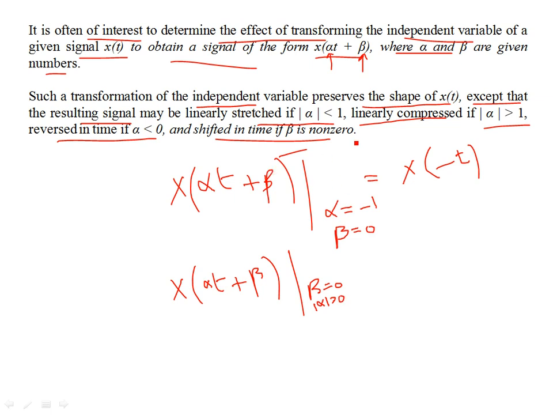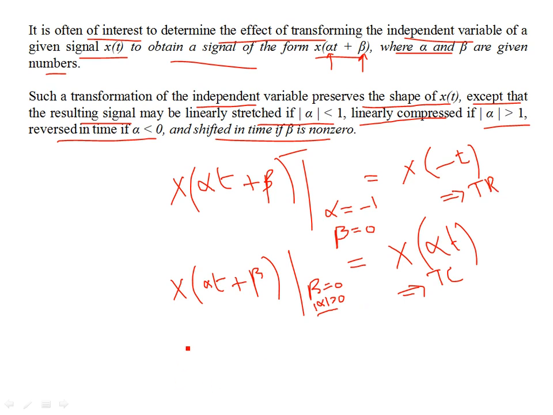So if alpha is greater than 1, then the time scale is linearly compressed. So this results in x(alpha t). For alpha greater than or equal to 0, this implies time compression, Tc. And for negative alpha, this implies time reversal, Tr.